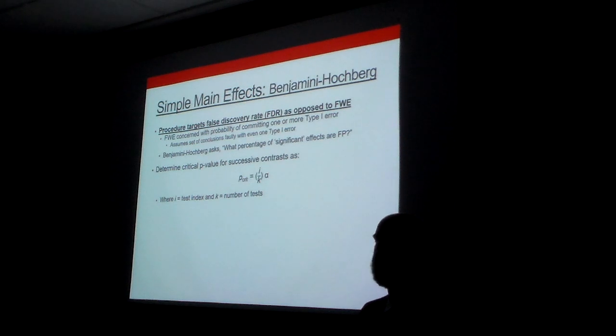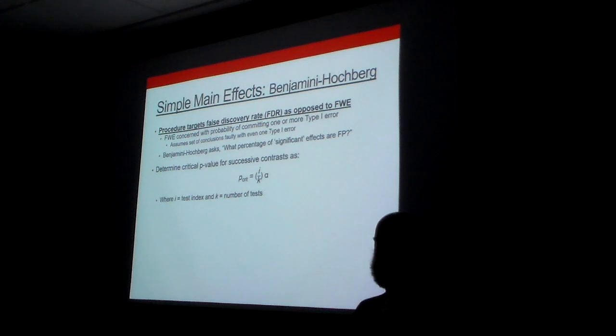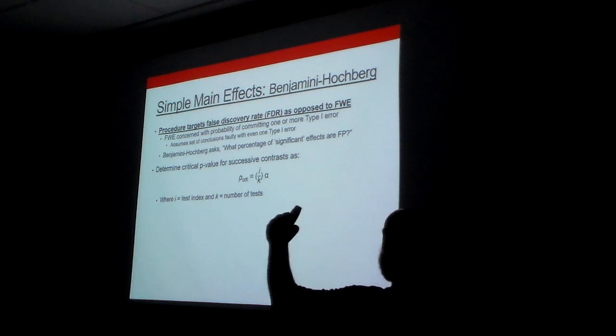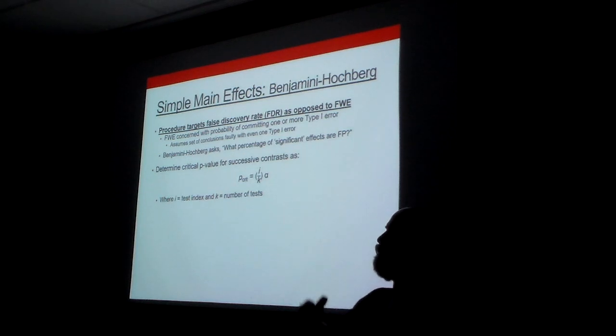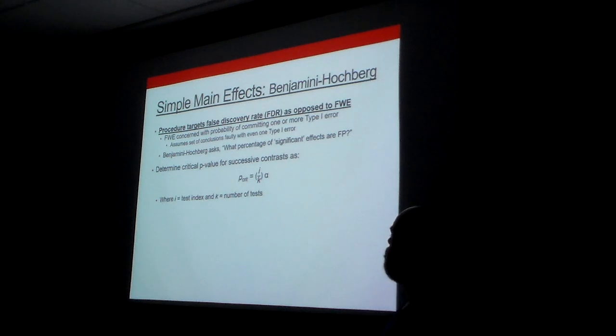I run 9 different t-tests, and I line those tests up, starting from my highest p-value, my least significant p-value, down to my smallest p-value, or my most significant test. And I'm going to use this formula to calculate a specific p-value for each one of those tests. As the number of tests increases, that p-value starts to get lower and lower in order to claim statistical significance.